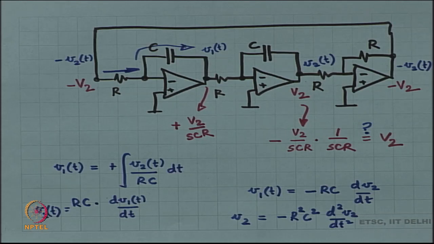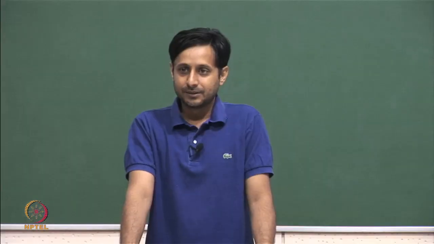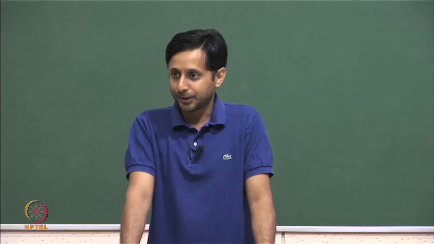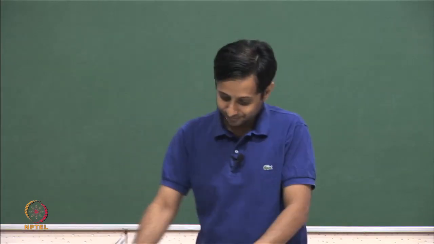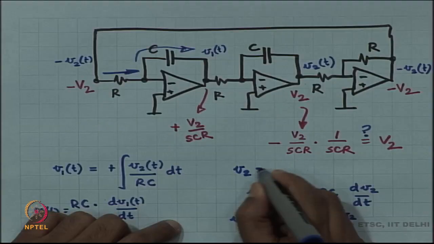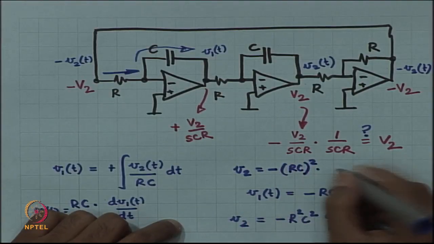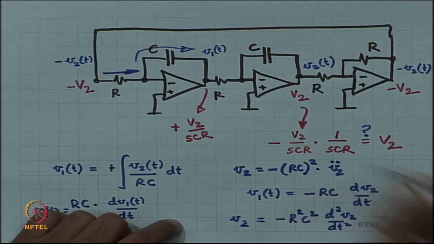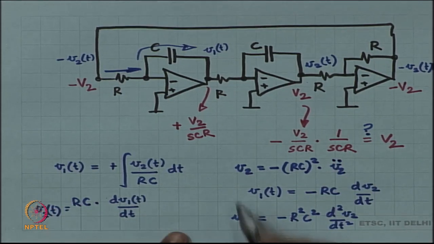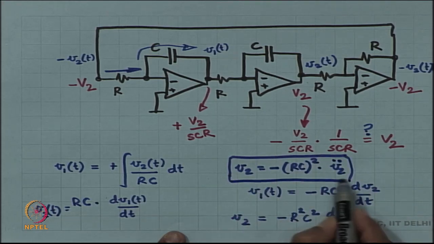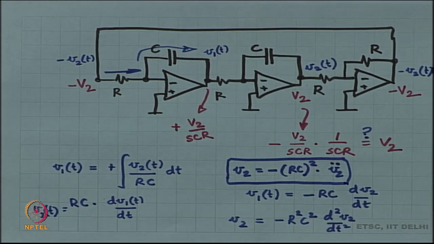This is the oscillator equation, right. V 2 is some minus something times V 2 double dot.